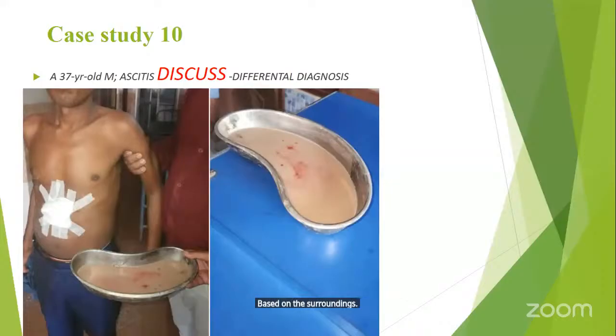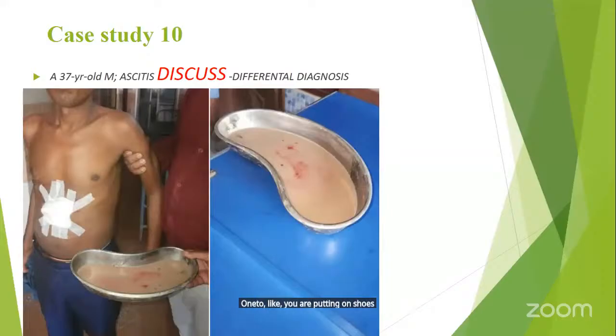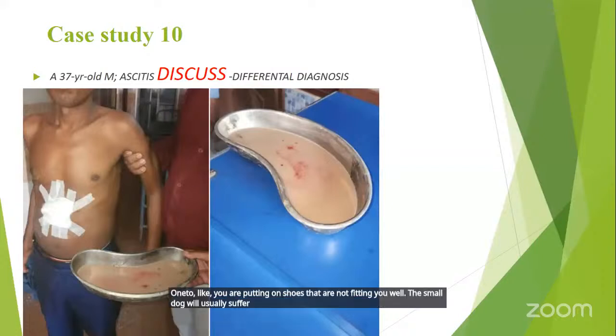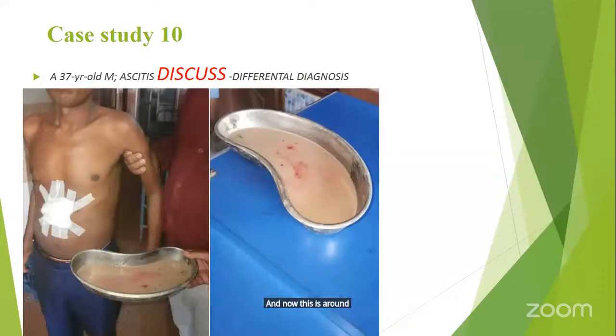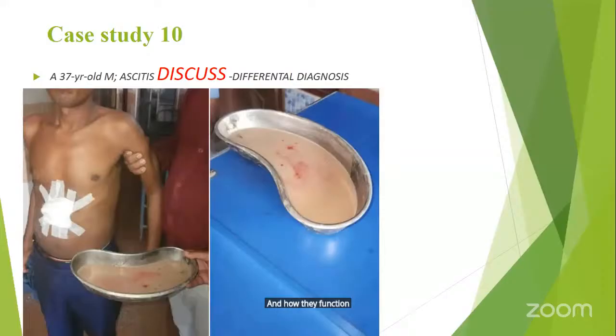If you have chronic inflammation, like on a toe when you are putting on shoes that are not fitting well, the small toe will usually suffer. The cells around that pressure will change in how they look on the microscope and how they function. When they change in structure and function, that's what we call metaplasia.